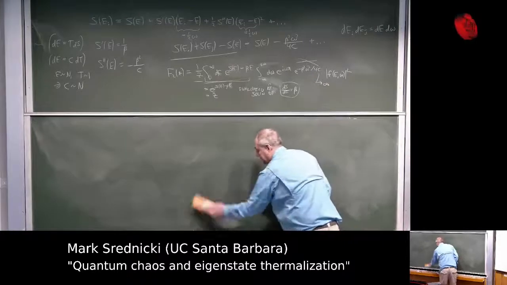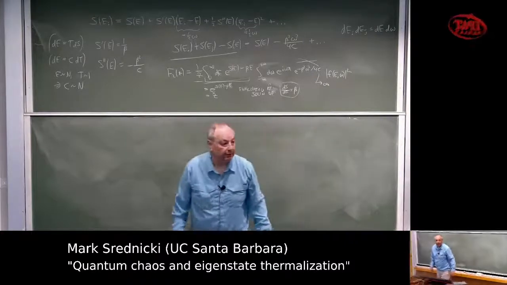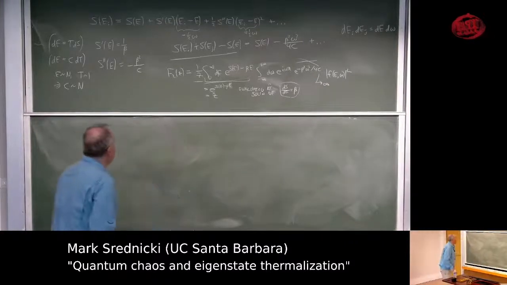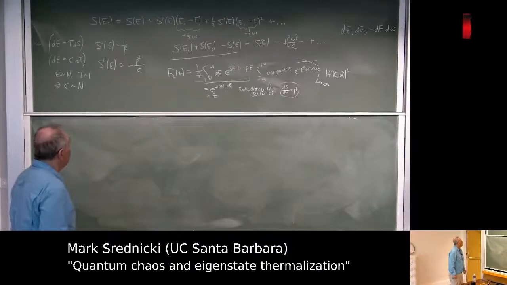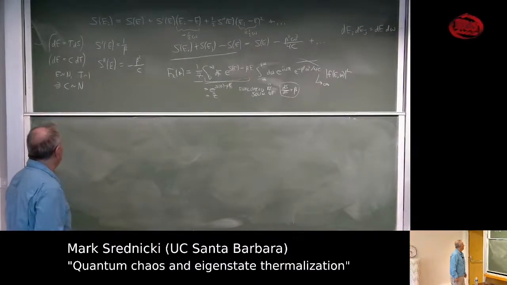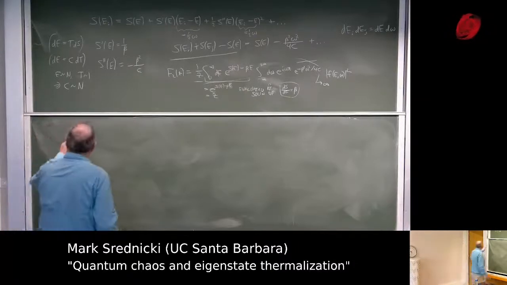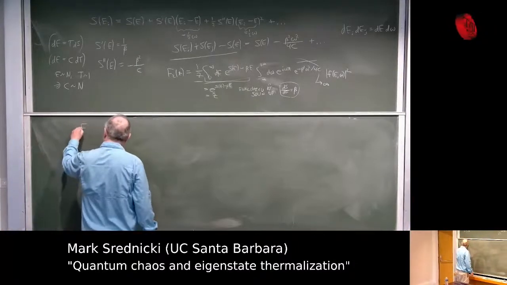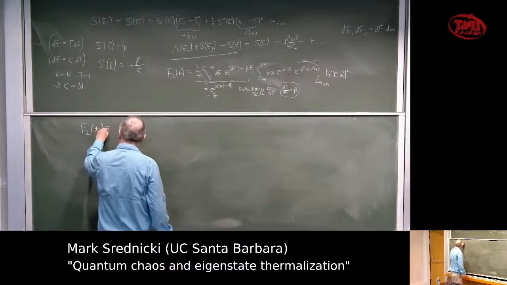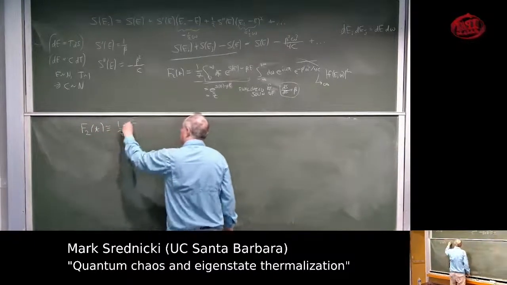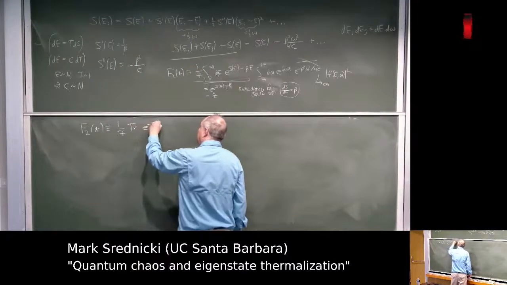Excuse me, what about the F? The F also depends on E, right? In this context, beta is fixed at the beginning. Well, I just erased it. But the beta is fixed because the thing we are computing, by definition, has an e to the minus beta h in it.